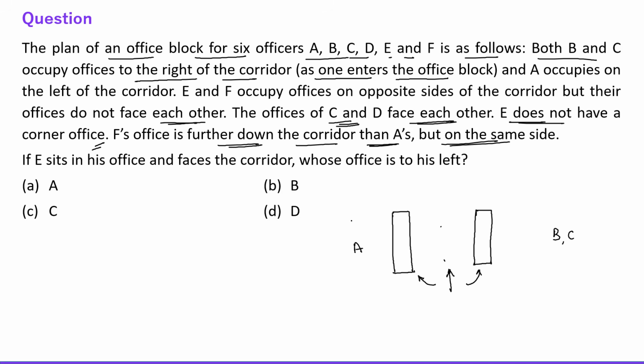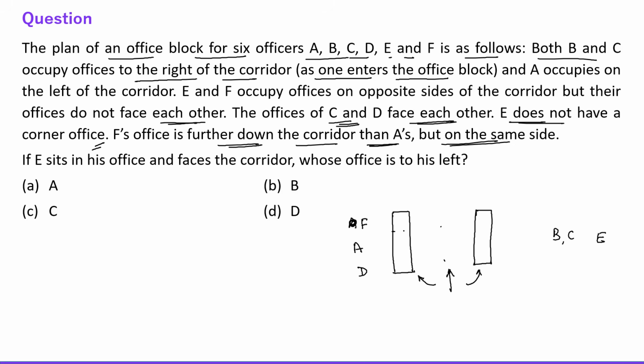It means A and F are on the same side, and C is facing D's office. So B, C and D's will be here, B, C, E will be on the right side, and F, A, D will be on the left side.